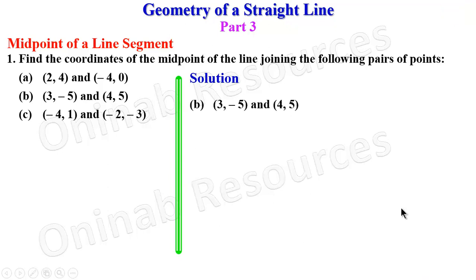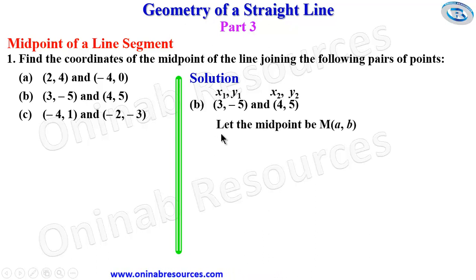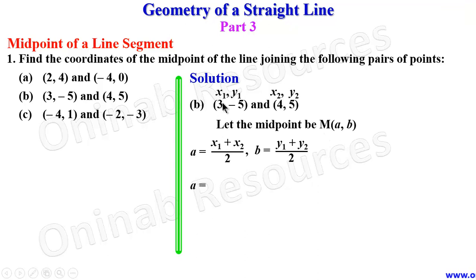We then go for B. In the same way, we label the points x1, y1, x2, y2. We let the midpoint be M with the coordinates (a, b), where we are going to find the values of a and b from this formula. Starting from a, our x1 is 3, our x2 is 4, so we have 3 plus 4 divided by 2, giving us 7 divided by 2, and that gives 3.5.